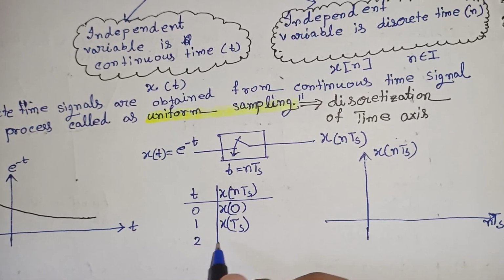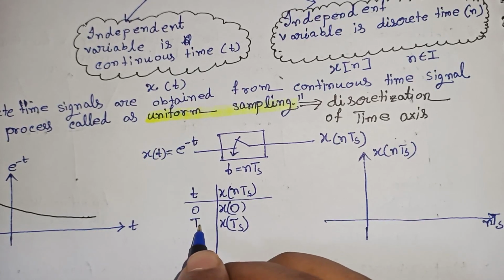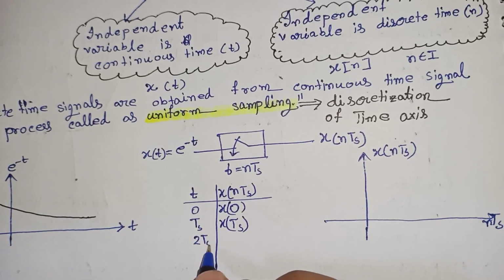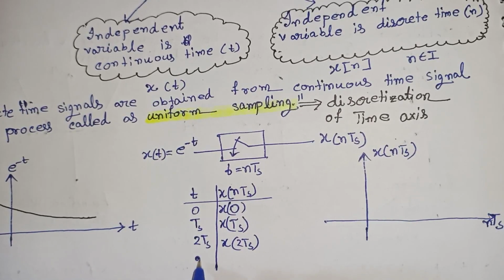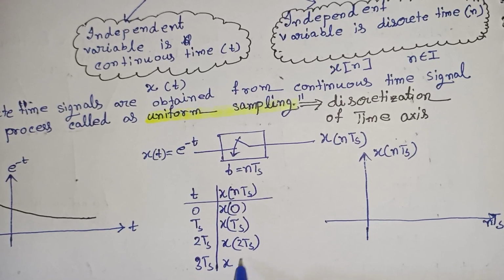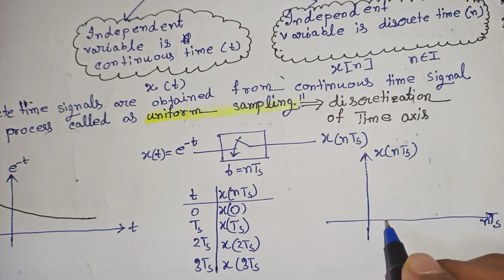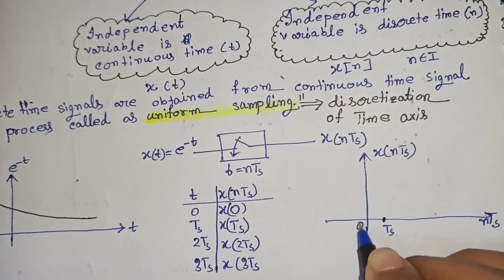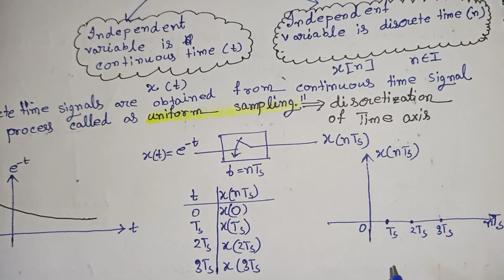If n equals to 2, it is x of 2Ts. If n equals to 3, then x of 3Ts. So in the nTs axis, it is 0, Ts, 2Ts, 3Ts, and so on.